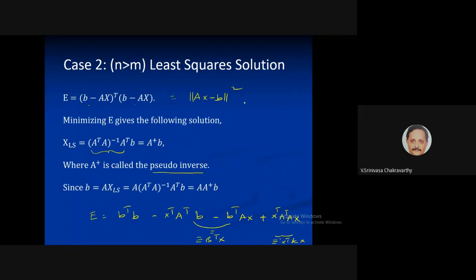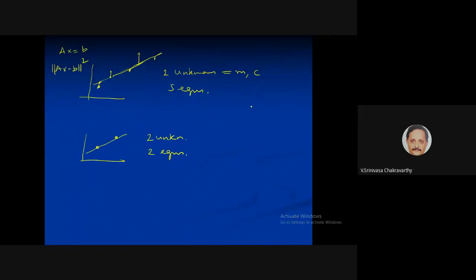Take, for example, this case where I need to fit a line through a bunch of points. My equation of the line is, let us say, y equal to mx plus c, but I want this to be equal to d, where d is the actual value.